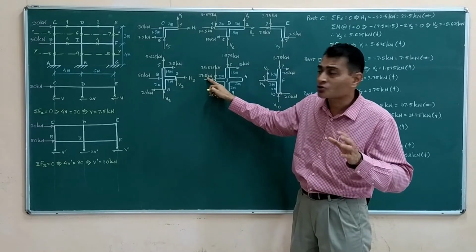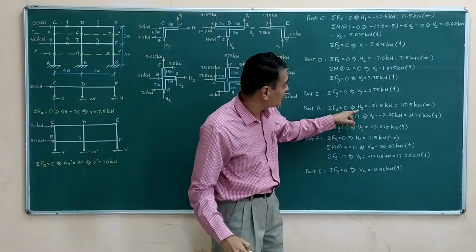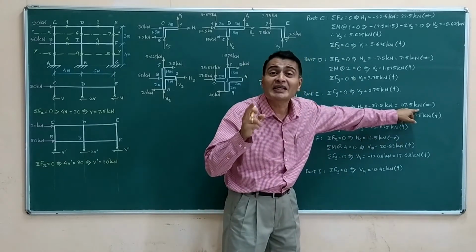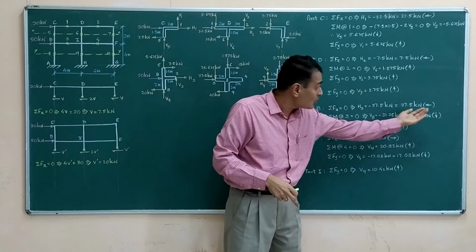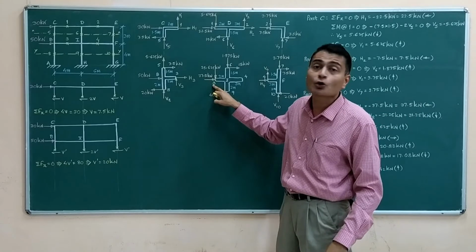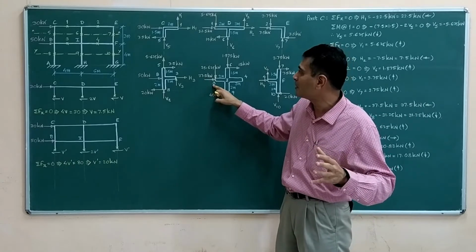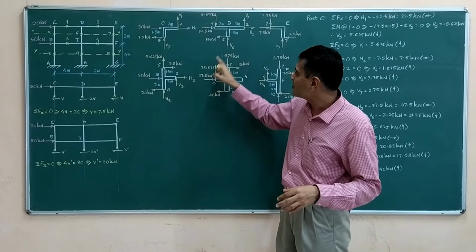Now don't get confused. Though I have shown it rightwards here, actually my H3 is leftwards. Actually, in reality, on calculation, on determining. So if it is leftwards, its equal and opposite 37.5 kilonewtons rightwards I have shown here. Similarly, equal and opposite of V3, all these I have shown.